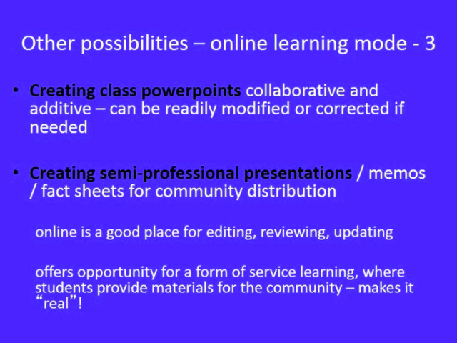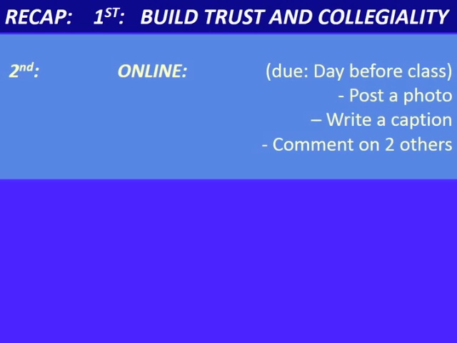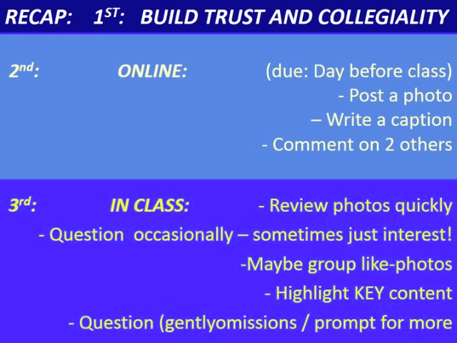I would summarize this all by saying the first thing that becomes important for that interaction is to build the trust and the collegiality. How you do that is an art, I think, rather than a skill, but it's absolutely important because if they feel intimidated or threatened, it's a problem. The feedback I get from students is that they love to read each other's work, and they really like to see what other people are seeing and doing.